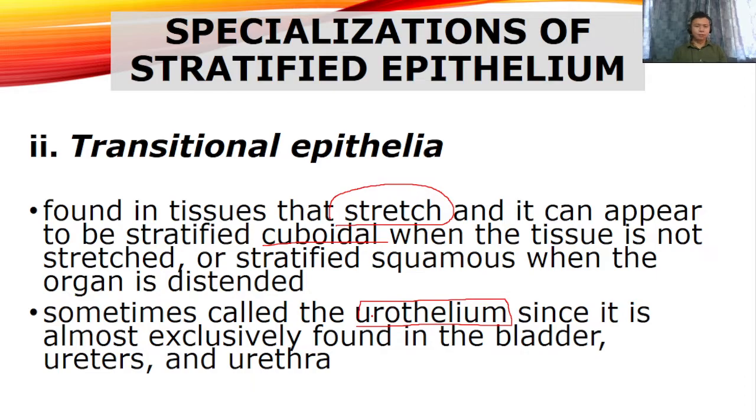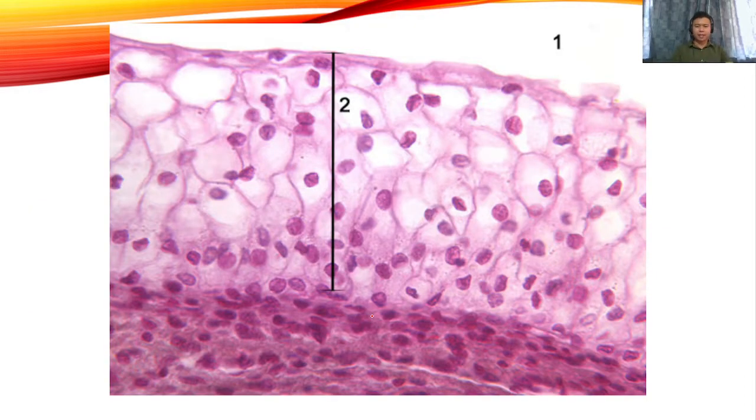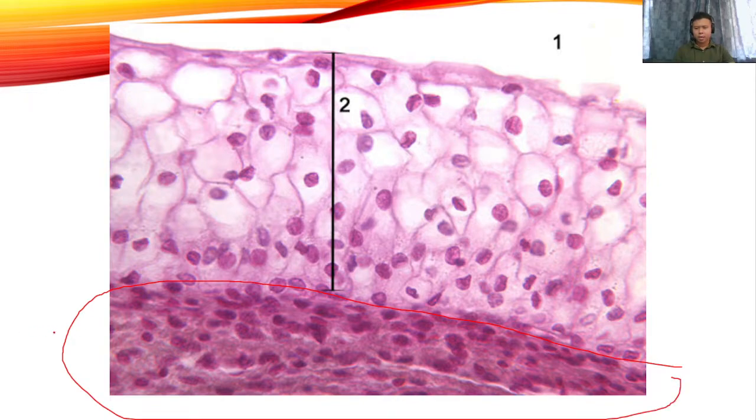Okay, so that's it for transitional epithelia, wherein it looks like this one. On the original position here, image below, this is image A, and this is image B. As what you noticed, for A, it is on its contracted position.